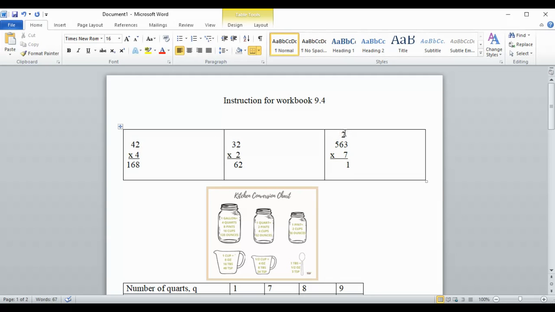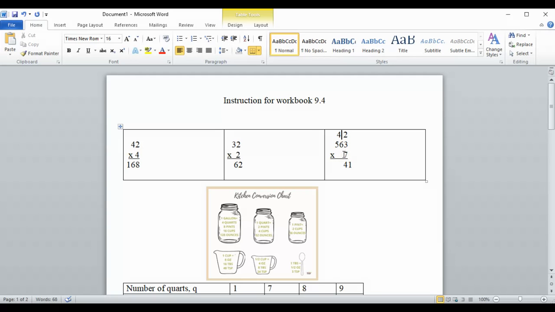We're going to carry the 2 into the tens place. Then we're going to say 7 times 6 is, I hope you said 42, 43, 44. We're adding those. So we are going to write a 4 in the tens place, and we're going to carry the other 4 up here in the hundreds place.